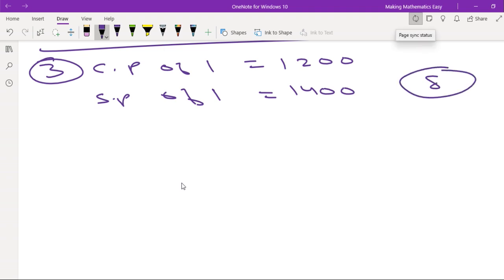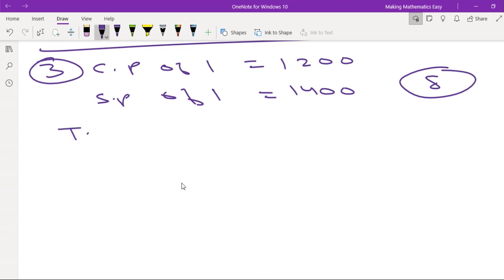So we need to find out whether there is a profit or loss, and the profit percent or loss percent. If we compare the cost price of 1 to the selling price of 1, we can come to know there is a profit, correct? So you can directly find out the profit, or else there is another way.